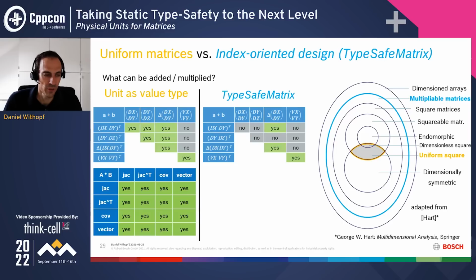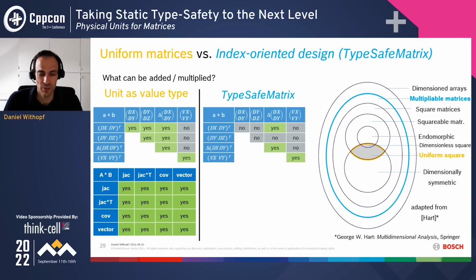Now I want to show the same thing for multiplication of two matrices, A and B. So here we're looking at Jacobian matrices, transposed Jacobians, covariances, and vectors. And when we only have a single physical unit as an annotation for the whole matrix or vector, then all of these multiplications are valid.